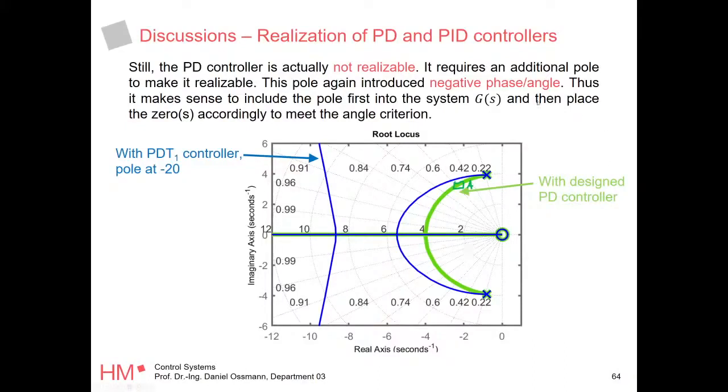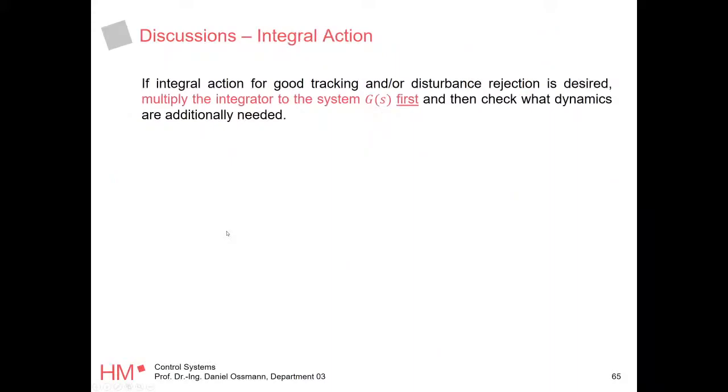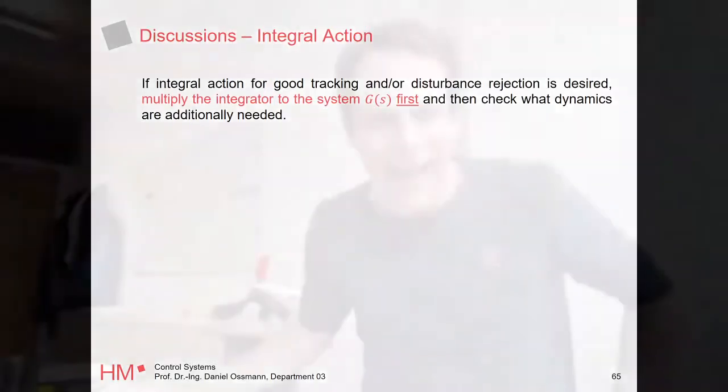Okay. So what I want to bring up at the end is really, again, this integral action, right? Most of the time, you will not add an integrator because you want to get some angle away from your criterion, because clearly when you add the integrator, it changes your angle criterion, right?